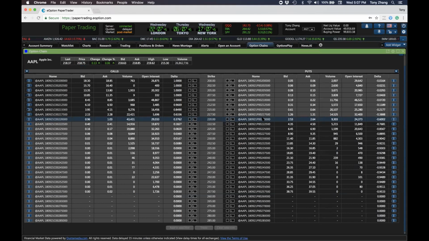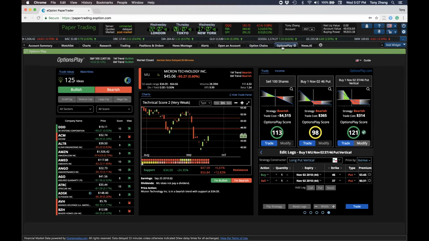It's difficult to do that from an option chain. That's why we created OptionsPlay, so that you can really compare different strategies side by side and see how they perform, so you know exactly what strategy gives you the best returns and what strategy gives you the risk profile that you're really looking for, as opposed to just more of an educated guess when you're using the option chains.